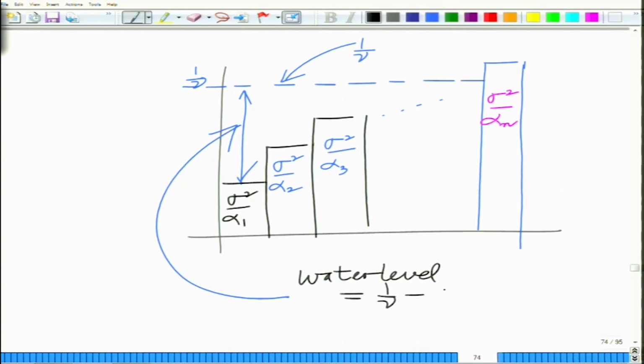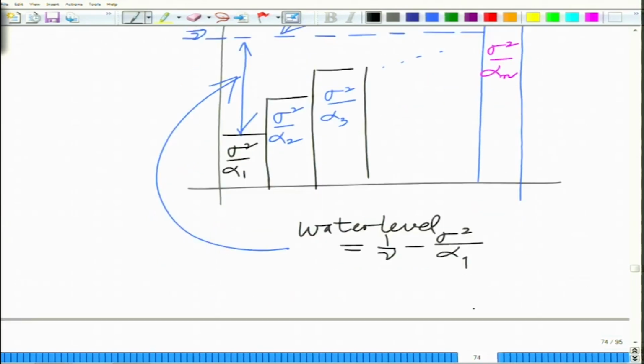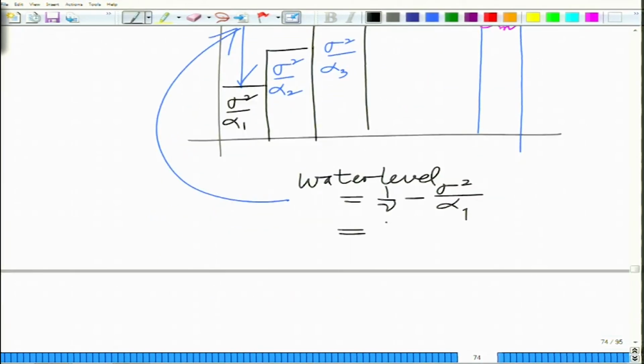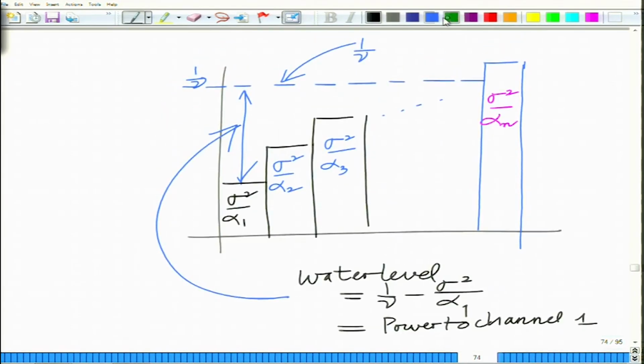One over nu minus sigma square by alpha 1 is the power allocated to channel 1. Similarly, this level is 1 over nu minus sigma square by alpha 2.